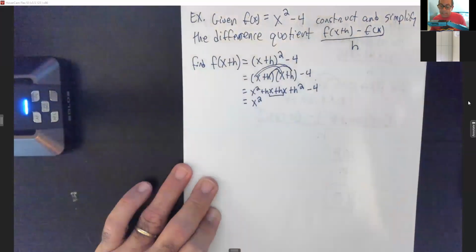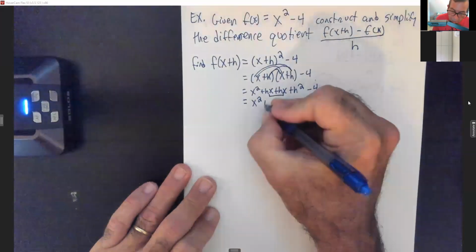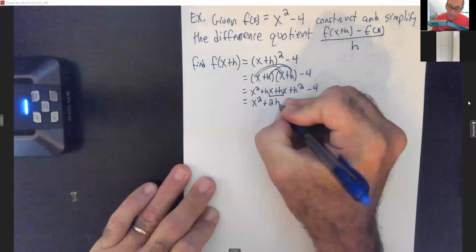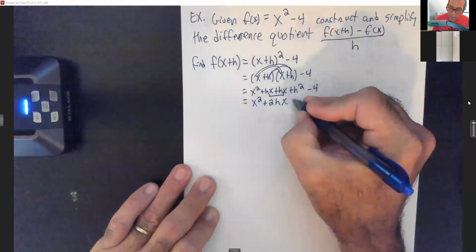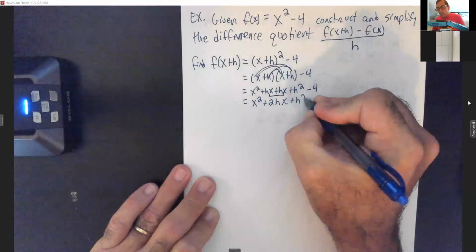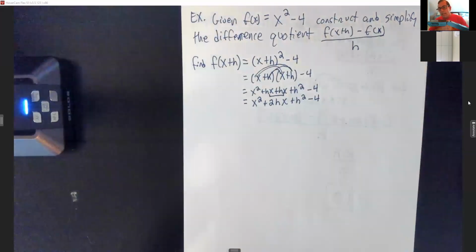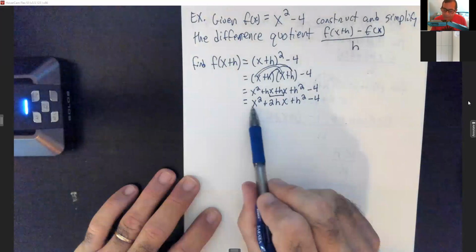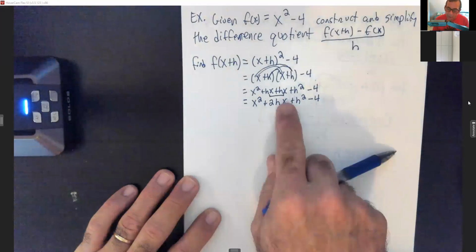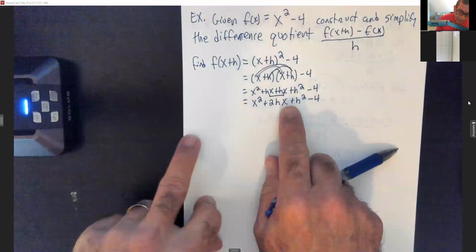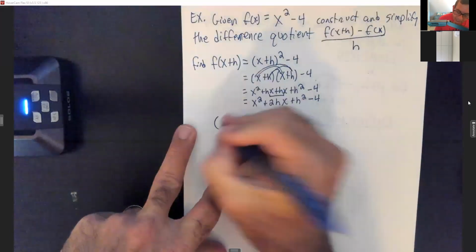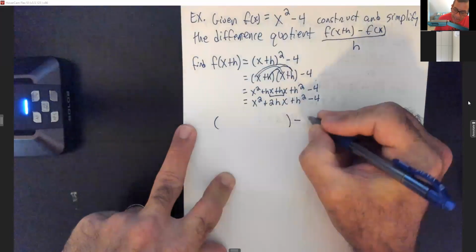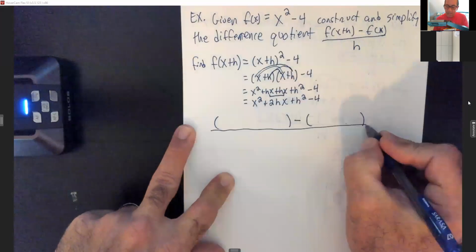Hx plus hx is a 2hx plus the h squared and then the -4. So remember, when you add like terms, do not change the exponents, okay? All right, we cannot go any further for this. So this part is now my f of x plus h. So I'm going to have f of x plus h minus f of x all over my h.